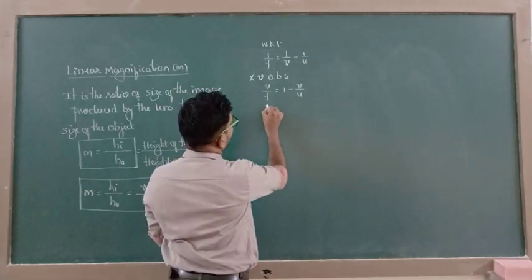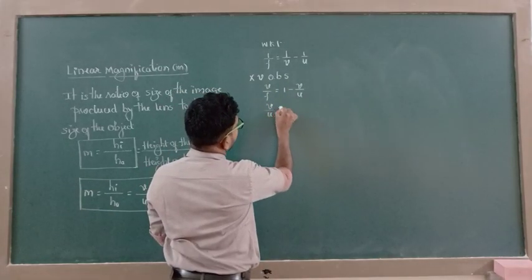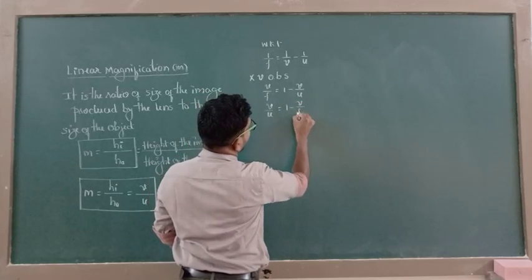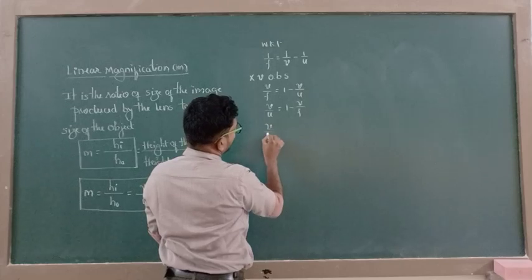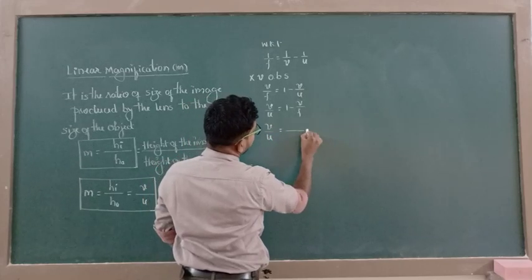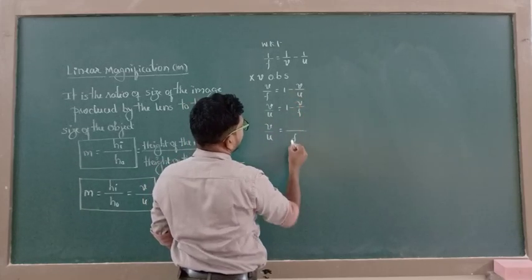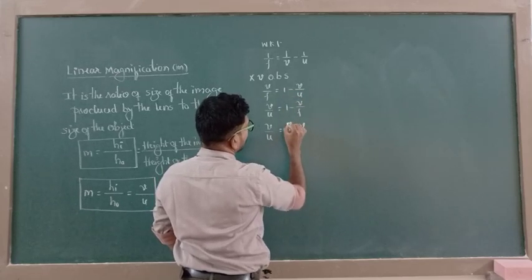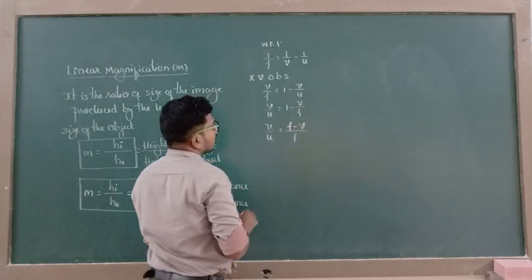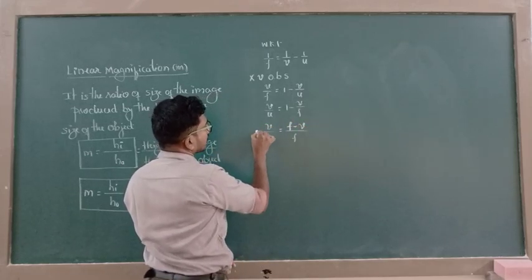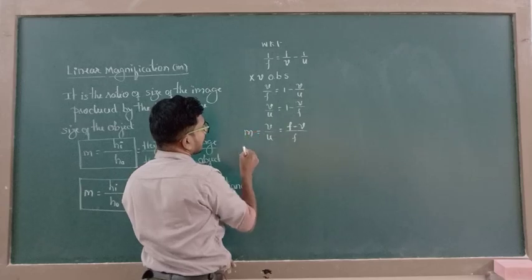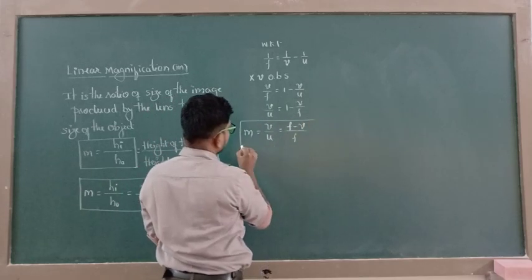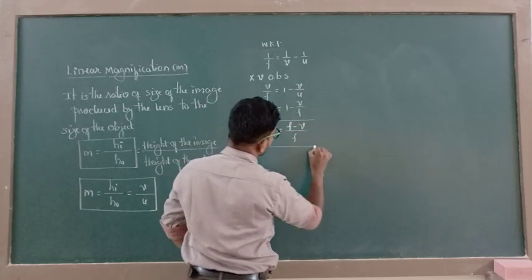V by U is equal to 1 minus V by F. V by U is equal to F minus V divided by F, by taking LCM. So V by U is nothing but linear magnification. So now this linear magnification is in terms of focal length and image distance.